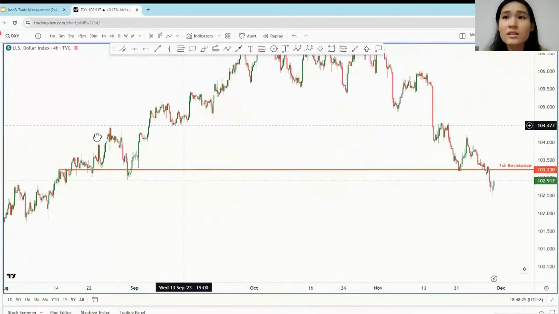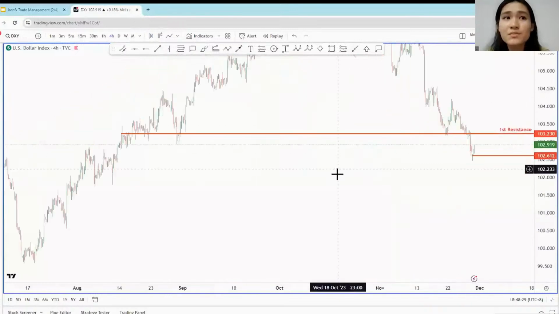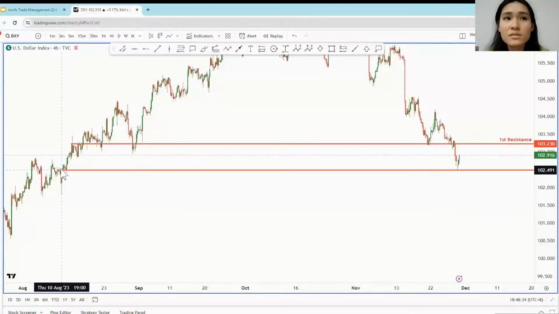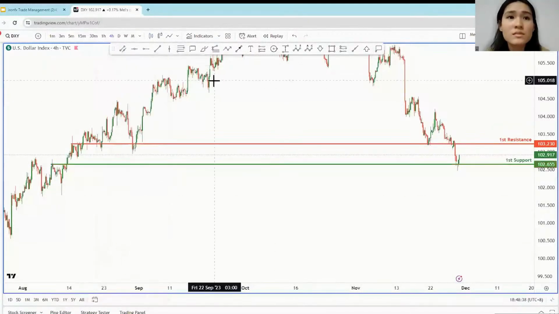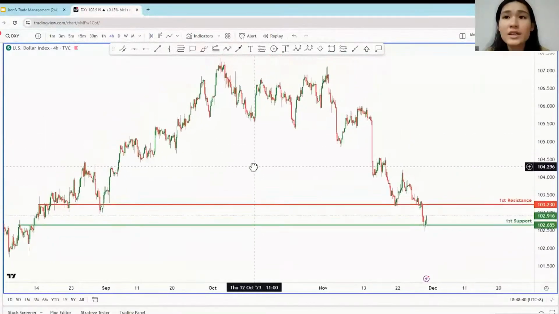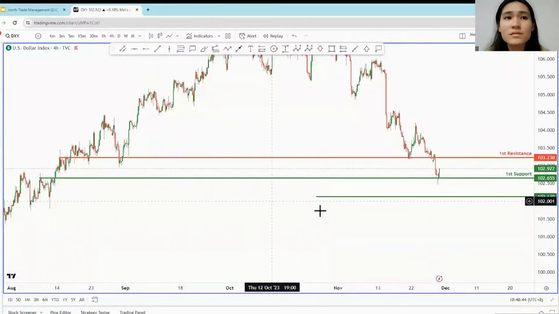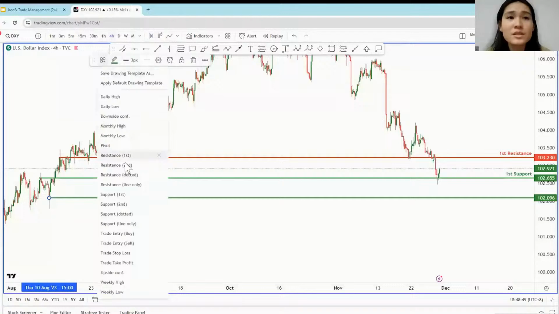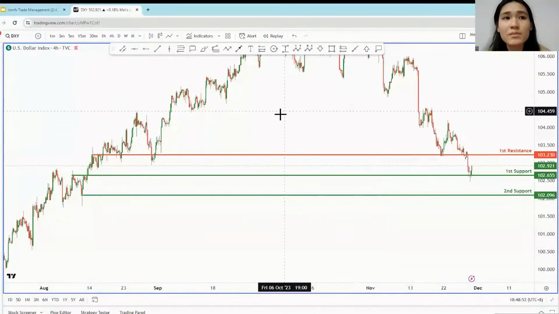And then first support. Okay, and so our stop loss would be roughly about here.